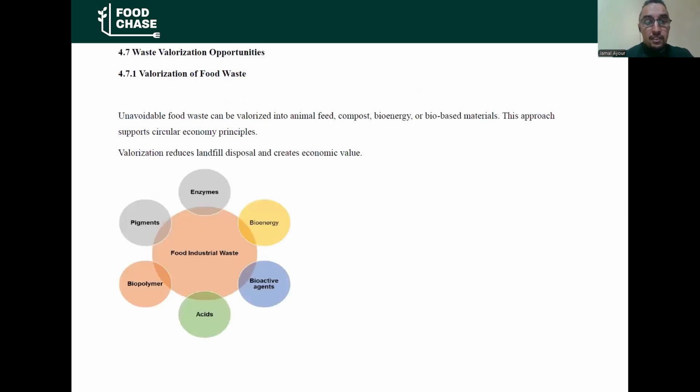About valorization of food waste, there is a lot of valorization of food waste, such as the use of some enzymes and biotechnology, bioenergy, production of fuel, and production of some pigments. For example, use of beta-carotene. In our laboratory we develop some technologies using pigments from vegetable waste to develop food supplements based on bioactive compounds from pigments.